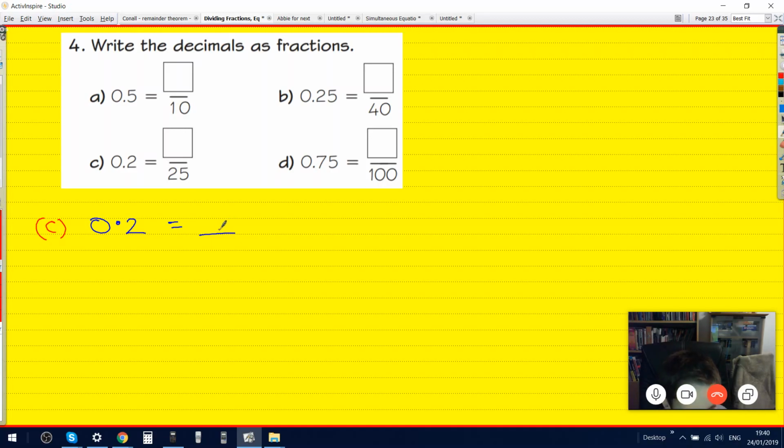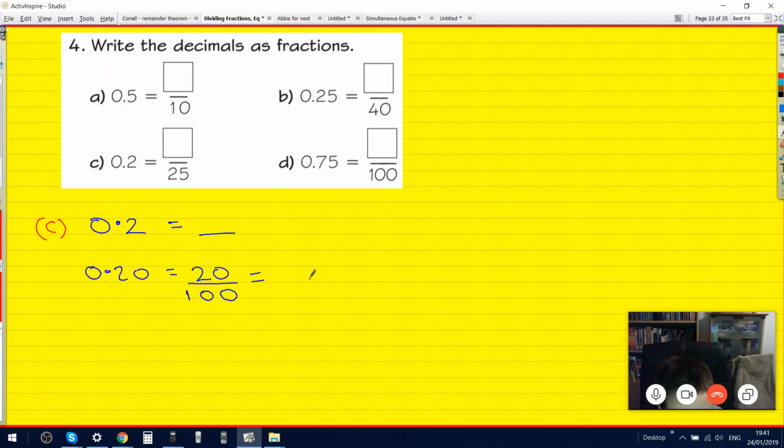That's not 0.5. So 0.2 is the same as 0.20. So it's 20 over 100. Yes.